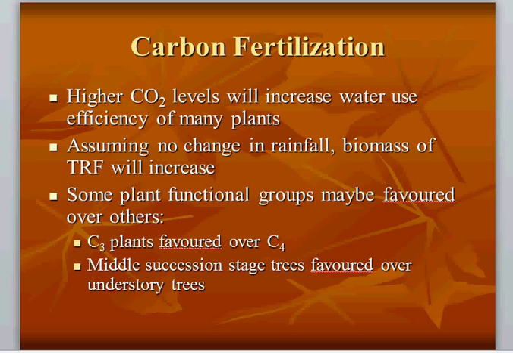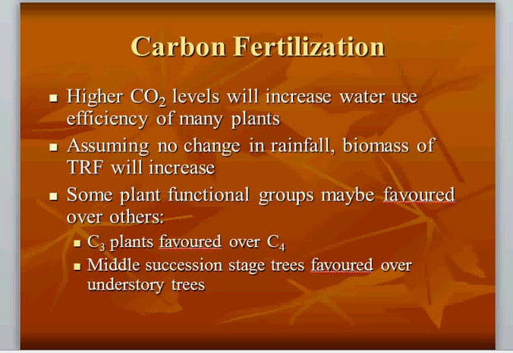So, all things being equal and assuming no change in rainfall, the biomass of a tropical rainforest should increase with carbon fertilization. Okay? So plants or trees in the rainforest will simply be able to photosynthesize more efficiently and therefore be able to have more carbon sequestered and therefore increase their biomass.